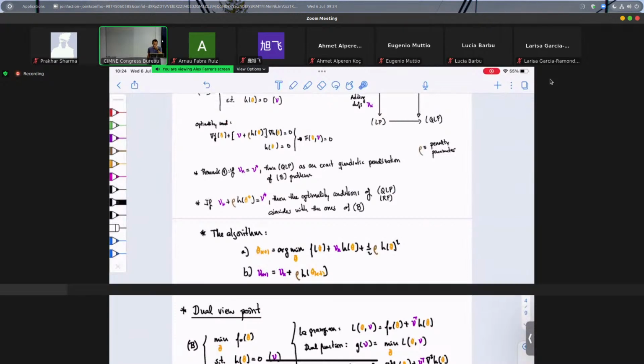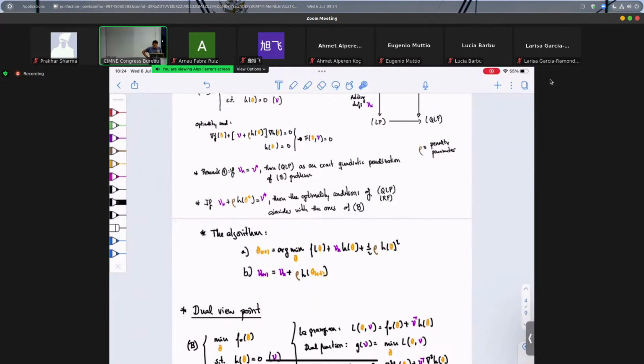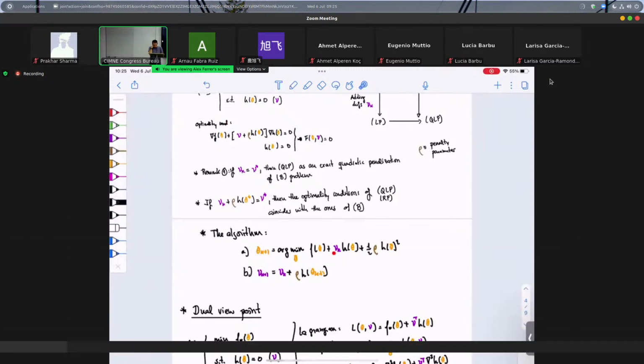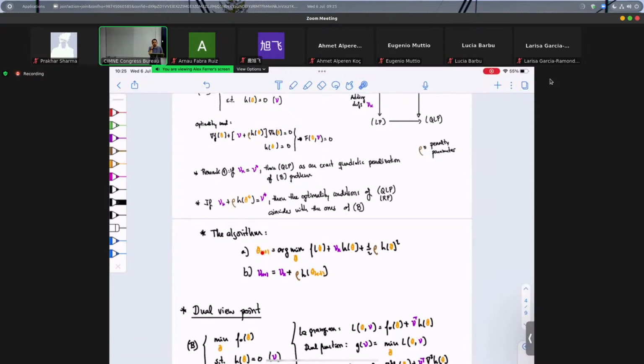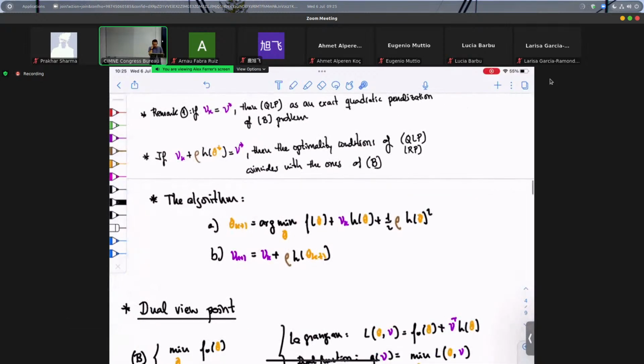The algorithm. Which is the algorithm? Very easy, or not? Sometimes it's called primal dual. First you minimize with respect to theta. So first you have the Lagrangian, but the regularized Lagrangian, and you solve for theta.